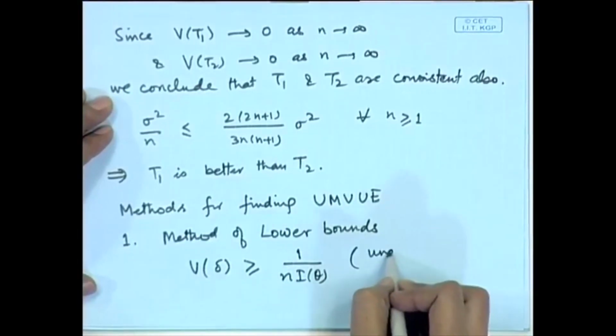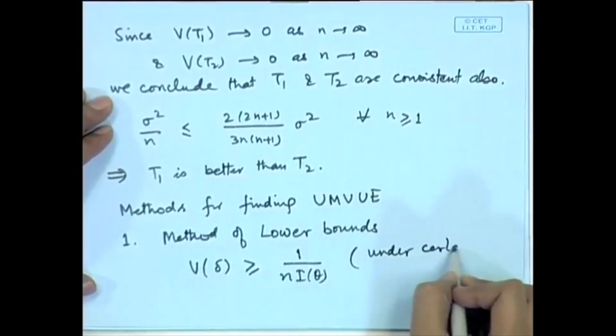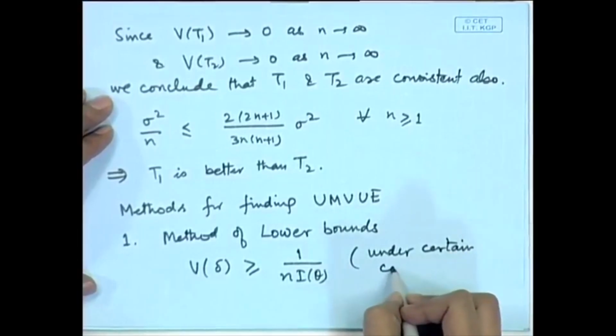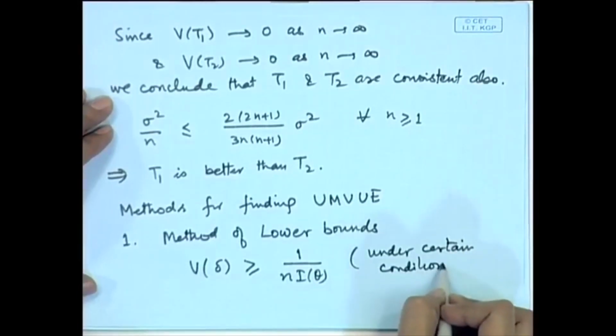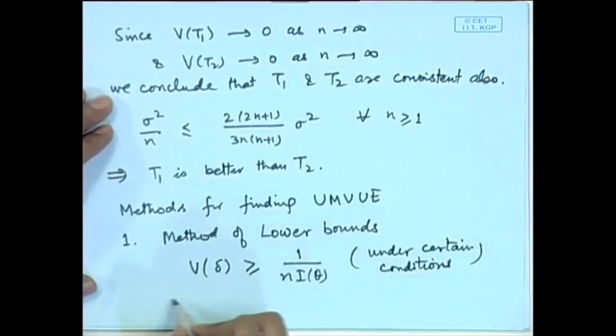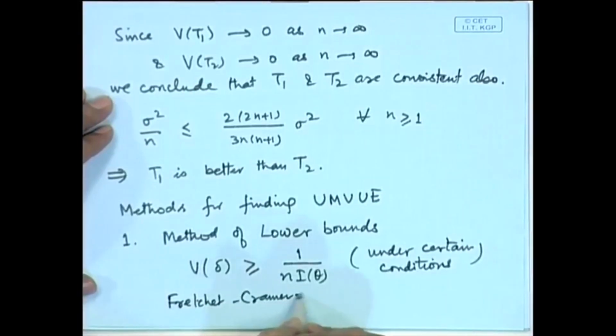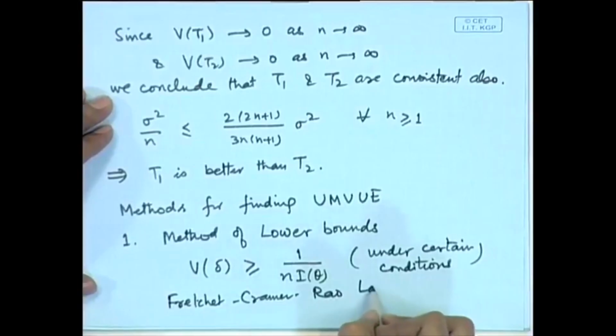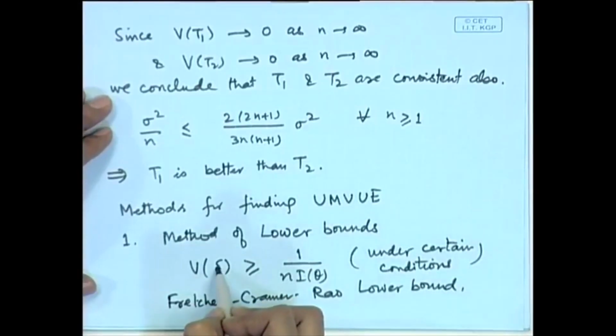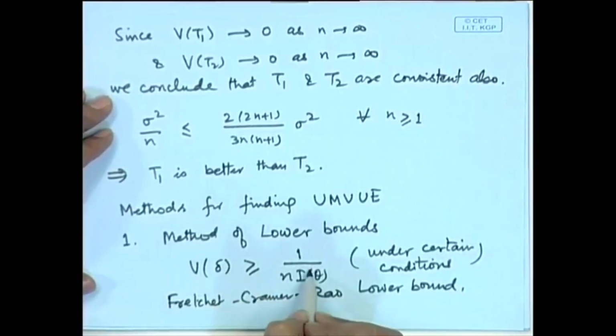This is under certain conditions. This is called the Frechet-Cramer-Rao lower bound. So, if there is an estimator which has this variance equal to this bound, that will naturally be the minimum variance unbiased estimator.